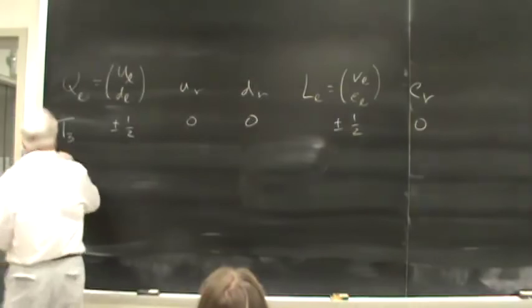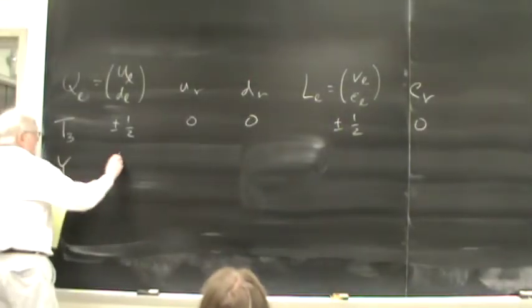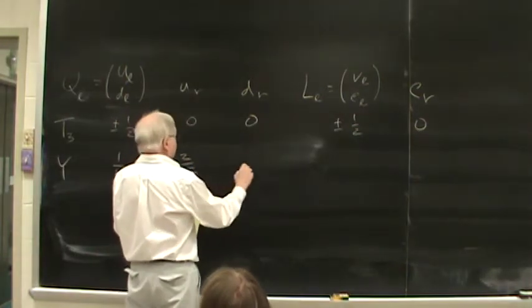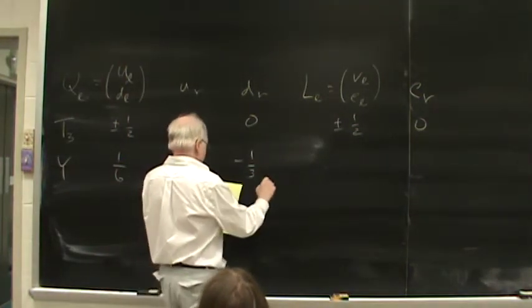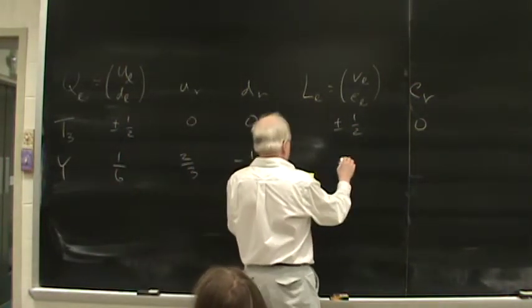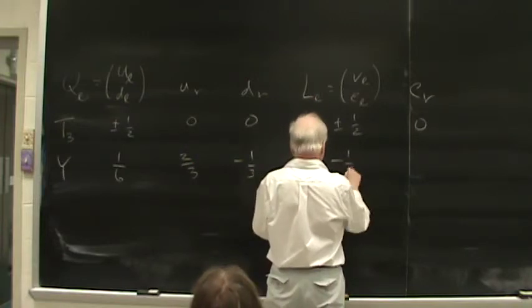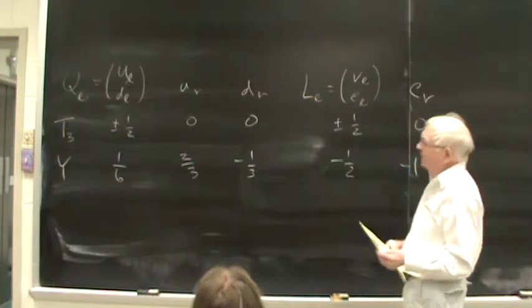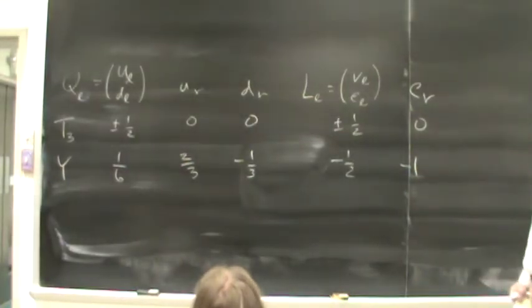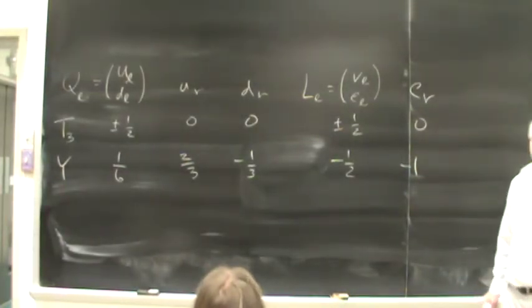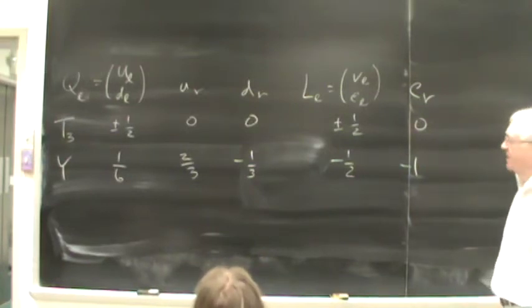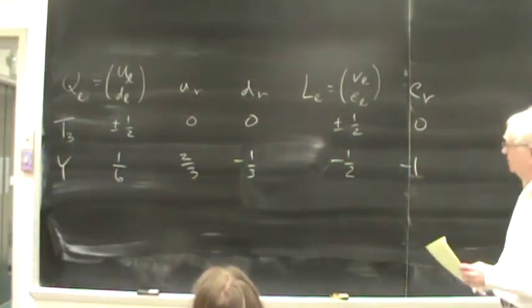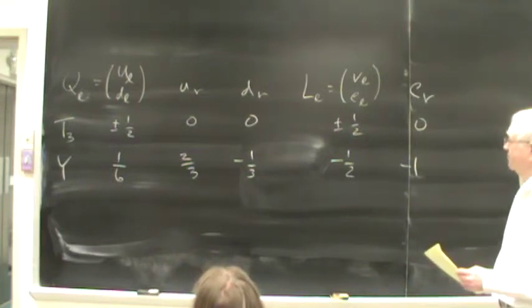And then we have y: 1/6, 2/3, minus a third, and minus a half, and minus 1. Well, boy, there's a lack of symmetry there. They are just really ugly numbers.